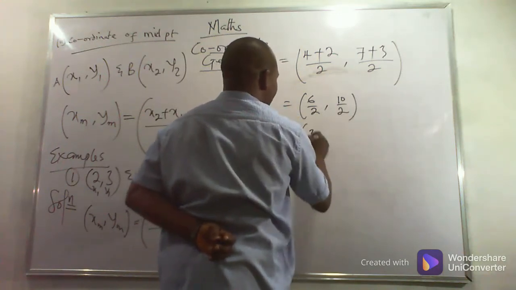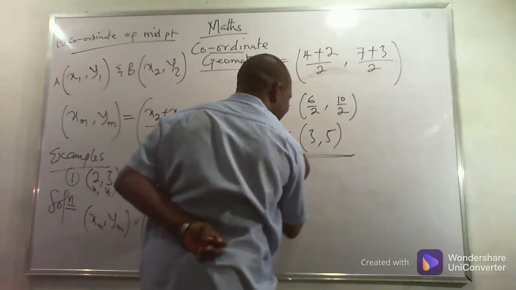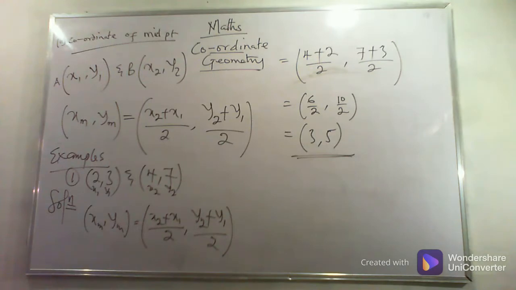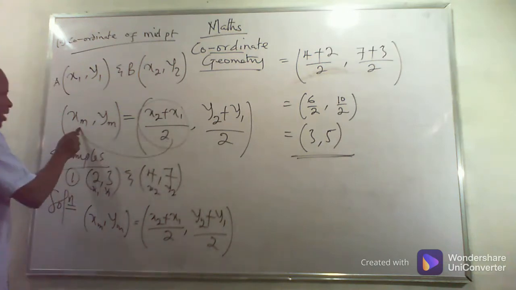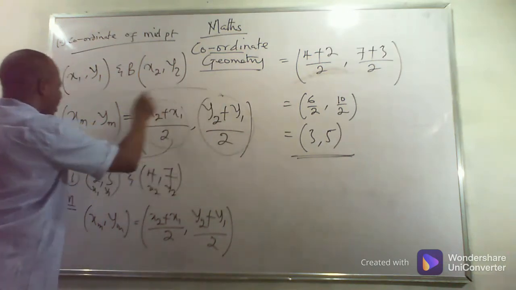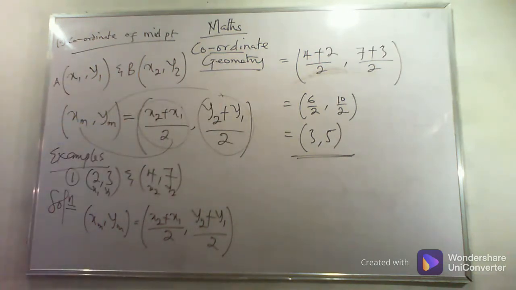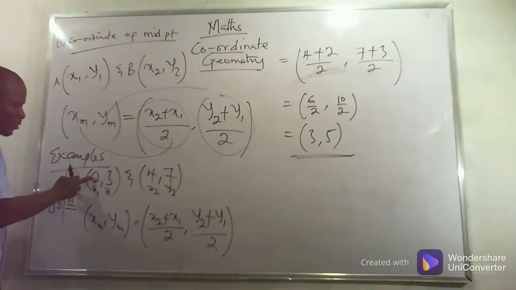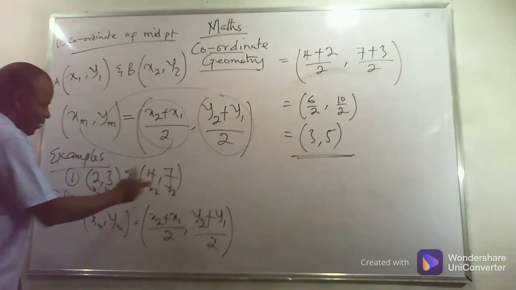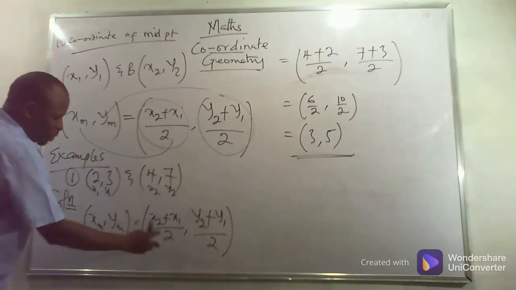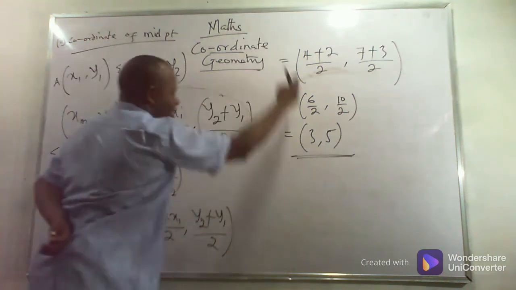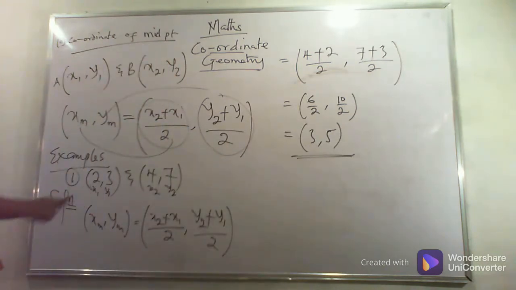That gives me 3, 5, the answer. As simple as that. Just apply this formula here. You have solved the question. So we have 2, 3, 4, 7 as x1, y1, x2, y2. Substitute them into this formula and solve. We have this. Example 1.